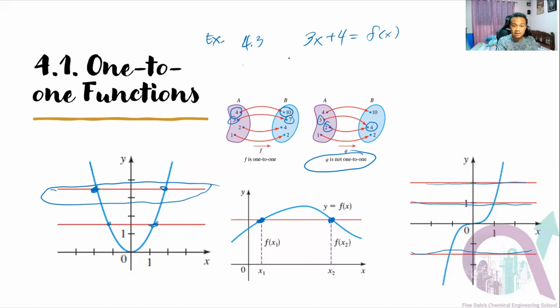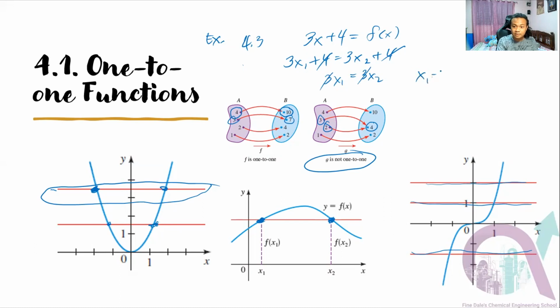You equate both sides: f of x sub 1 and 3x sub 2 plus 4. Then 3x sub 1 equals 3x sub 2, so divide by 3 on both sides.